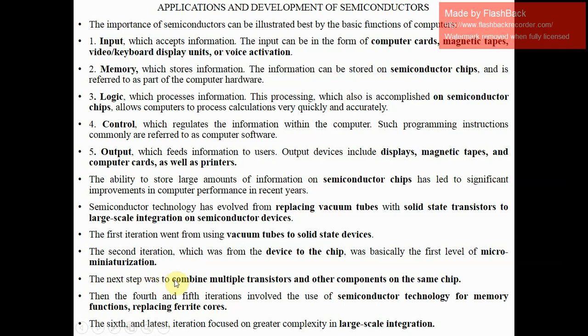The next step was to combine multiple transistors and other components on the same chip. Then the fourth and fifth iterations involved the use of semiconductor technology for memory functions, replacing ferrite cores. And the sixth and latest iteration focused on greater complexity and large scale integration. So this is the evolution of semiconductor technology.